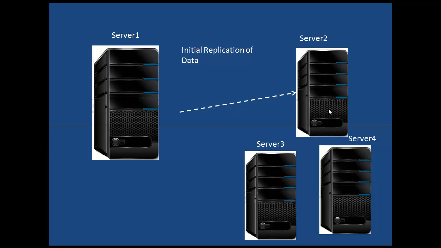So there was a lot of back and forth, and network utilization at that point was not optimum. And like I said, if you have a slow, unreliable network, it was even worse. So that is the initial method that was used for the transfer or replication of data from one server to the other. And this was prior to Server 2012 R2.